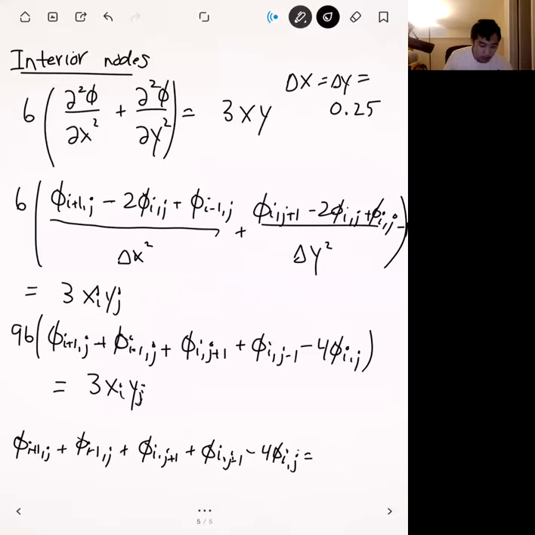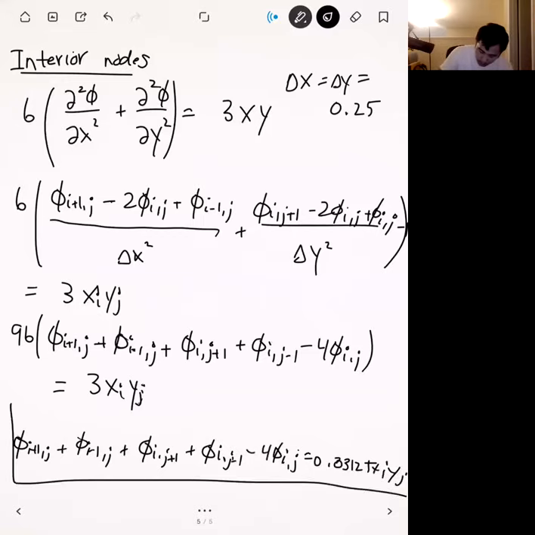Computing that decimal, this is going to be 0.03125 x_i y_j. This right here is the finite difference equation that we can apply for the interior nodes.